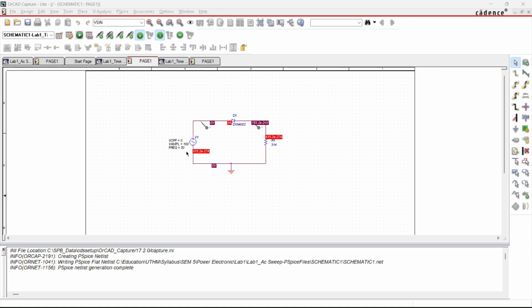So this is our simulation result, and I will show you the graph.